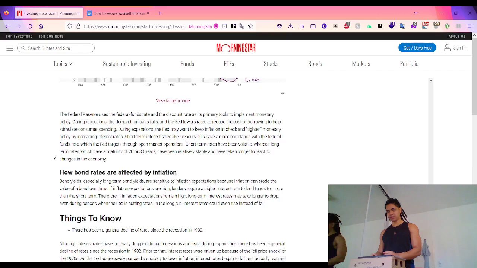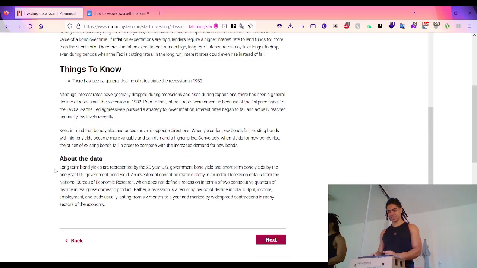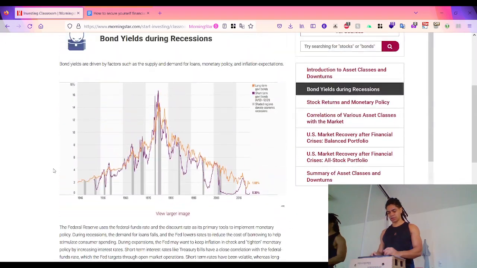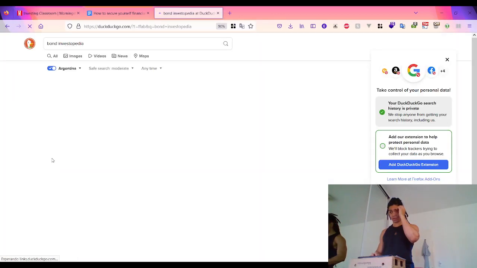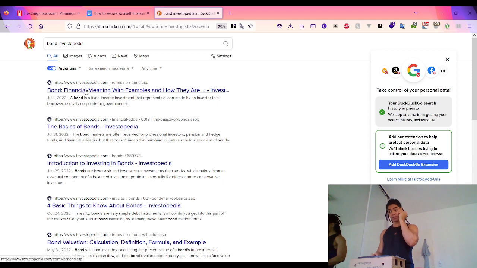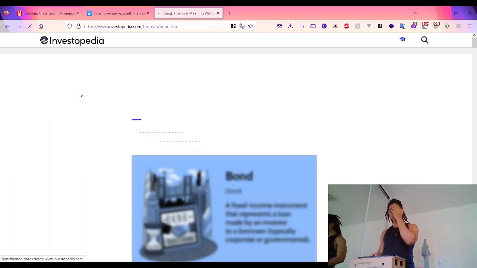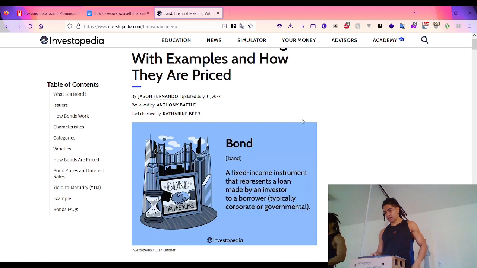In fact, what is a bond? Let me look it up on Investopedia. A bond is a fixed income instrument that represents a loan made by an investor to a borrower.